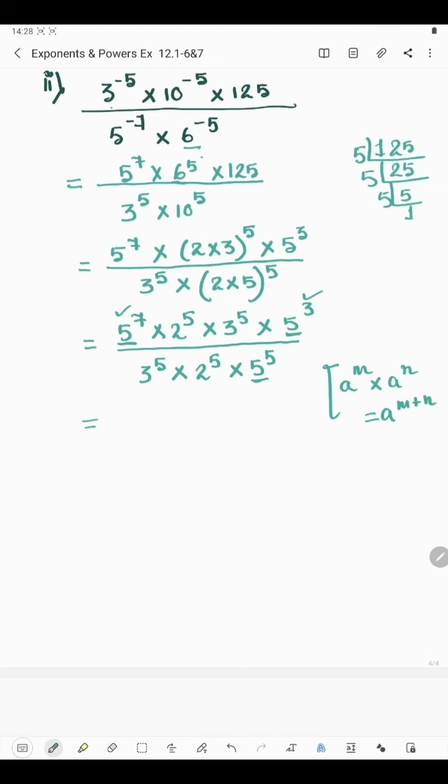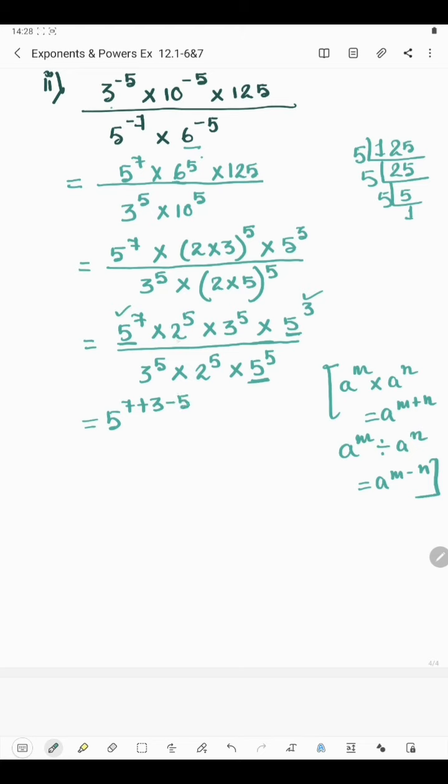So according to this law we write 5 raised to the power 7 plus 3. Here also we have 5 as the same base, with a divide sign in between. If the base is the same and a divide sign is in between, then we subtract the powers, so 5 should be subtracted from this.